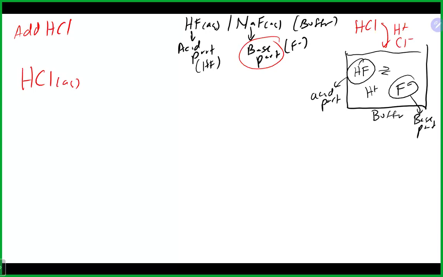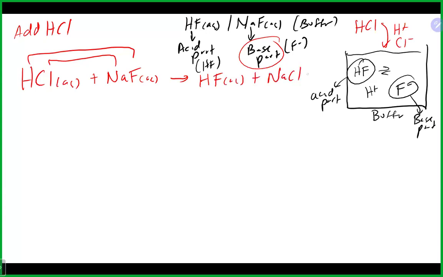If you remember, they're called acid-base reactions. So if you add an acid to this buffer, it will go find the base part, which is sodium fluoride, and it will do a double displacement reaction where these guys switch partners, basically. And when they switch partners, you will make HF, and you will make some sodium chloride in this case.